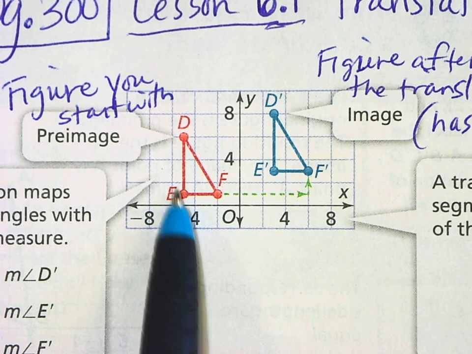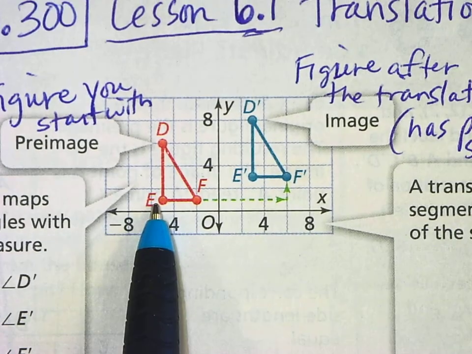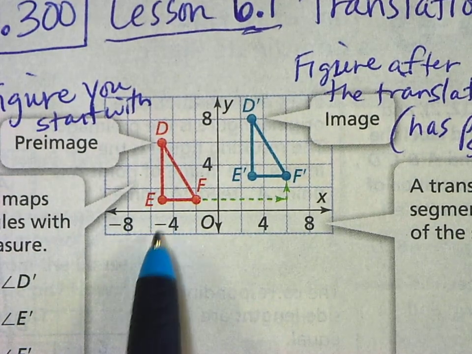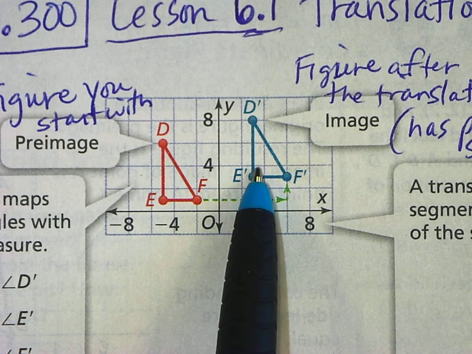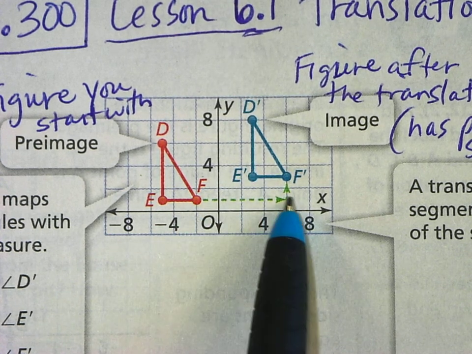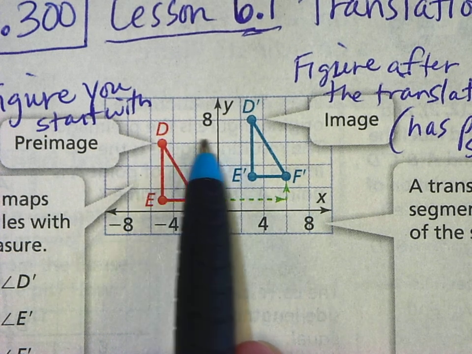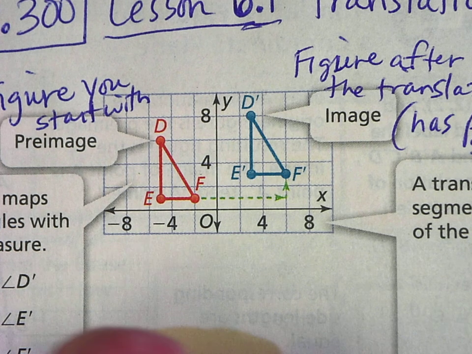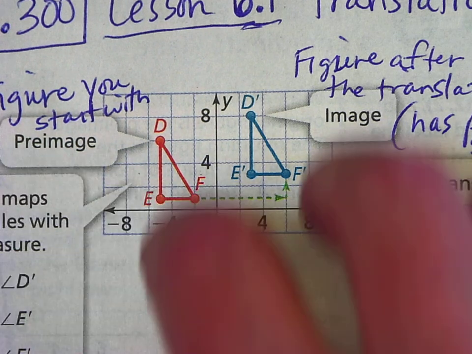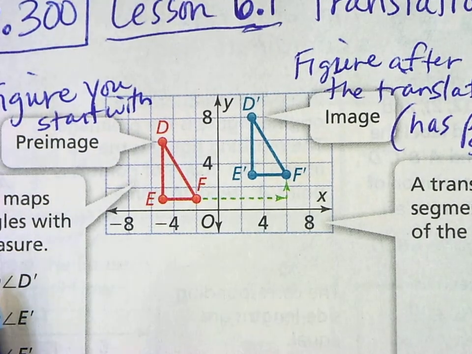Each one of these points in this figure was translated in the same direction, so to the right and then up. F is to the right and then up, and then D you translate to the right and up. It looks like you just took the red triangle and slid it to the right and up. It's still facing the same way.